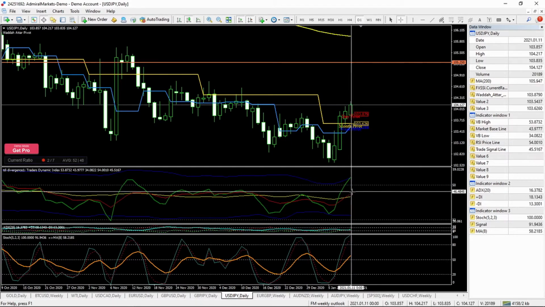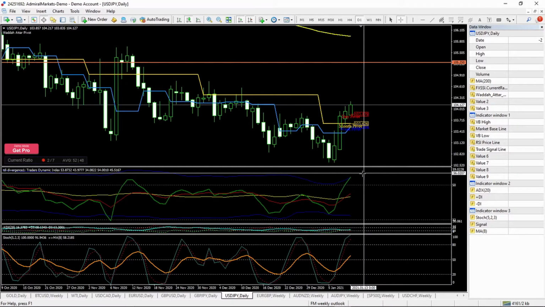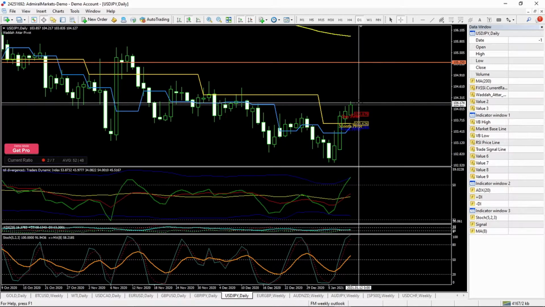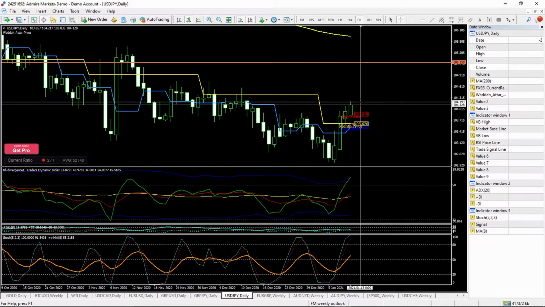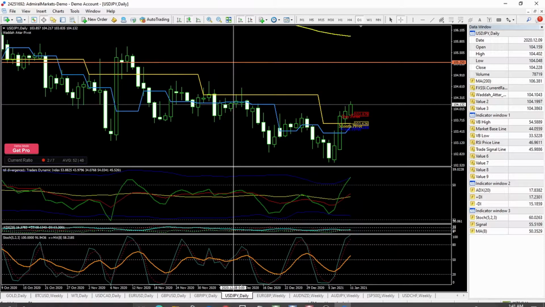Now down here, the TDI is above the 50 and above the monthly pivot. So I would look to take this going long, which falls in line with me believing that the dollar is going to rally during this week.